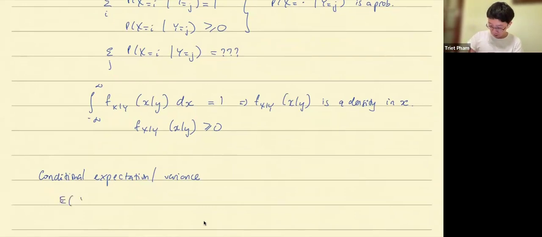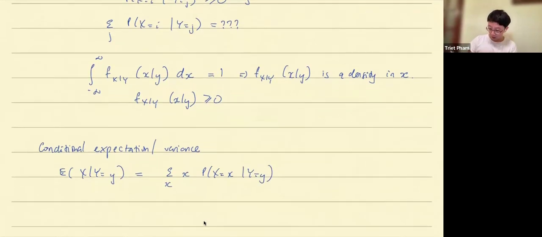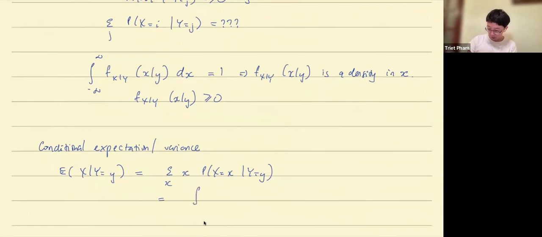So if you look at the conditional expectation of X given Y, if they're both discrete, that will be the sum over all values of X. Or if they're both continuous, then it's the integral over the conditional density.